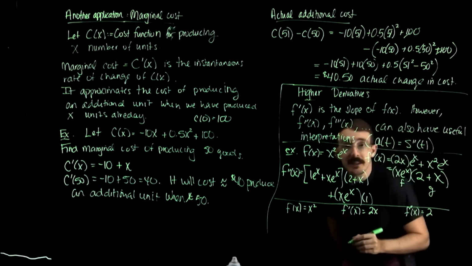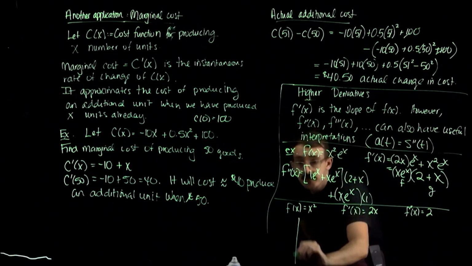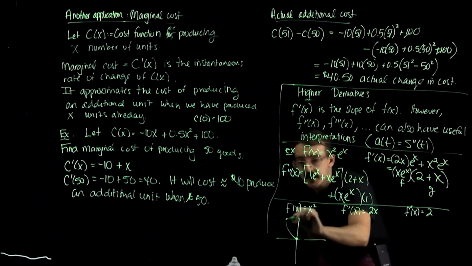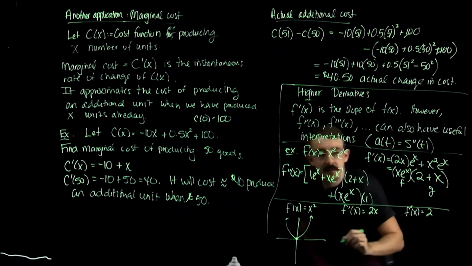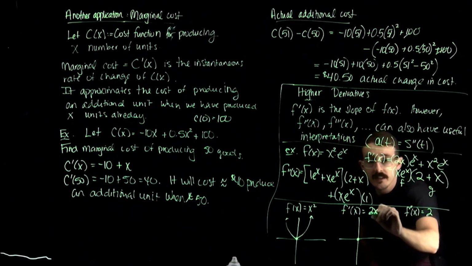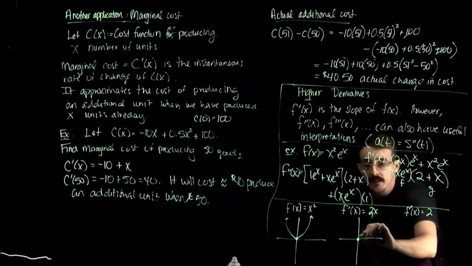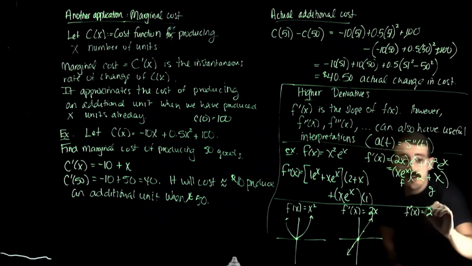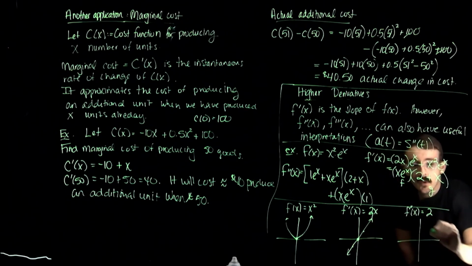Let's look at the graphs, because these are easy to draw. X squared is just a parabola, just like this. The line 2x starts in the middle here at 0, 0, and it has a slope of 2. So it looks something like this. I don't need to be that careful. It looks something like that. Finally, what is the equation of the line y equals 2? Well, that's just a horizontal line at 2.